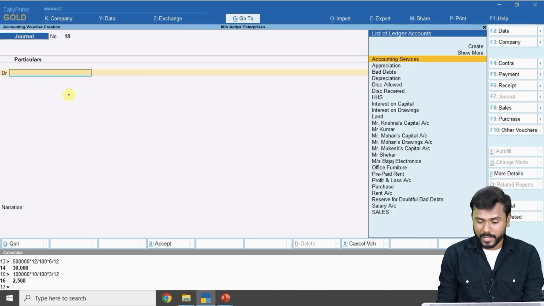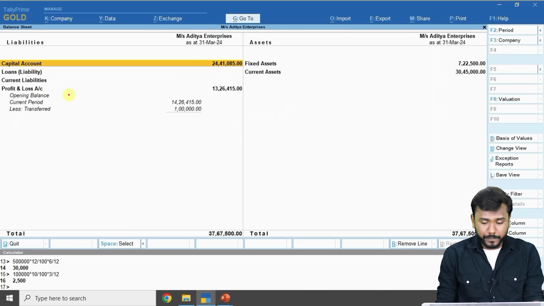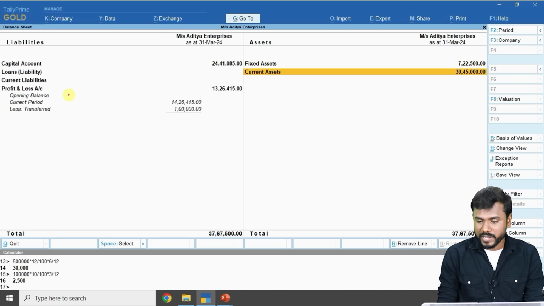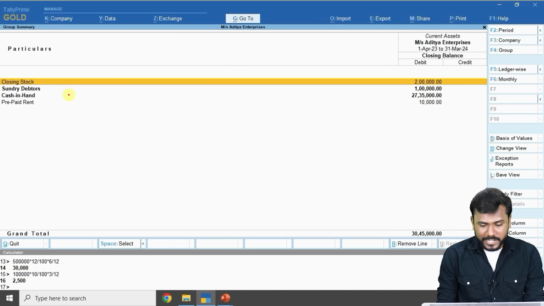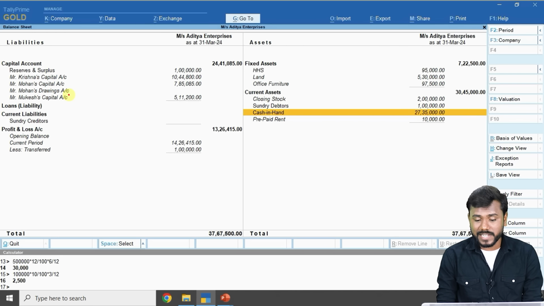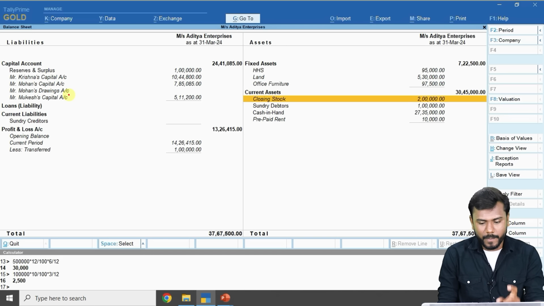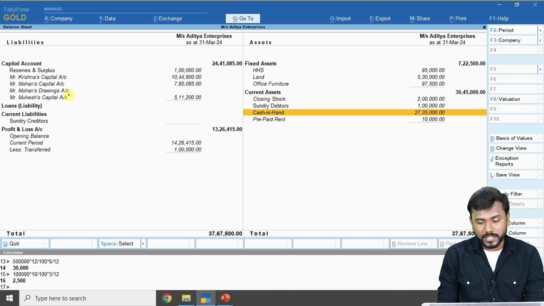Control A, save. Now if you see the balance sheet, you can see that the current assets have now increased to 30,40,000. Here this 10,000 increased not in cash but as an asset. As cash was already paid, you reversed it into the form of an asset but not in the form of cash.